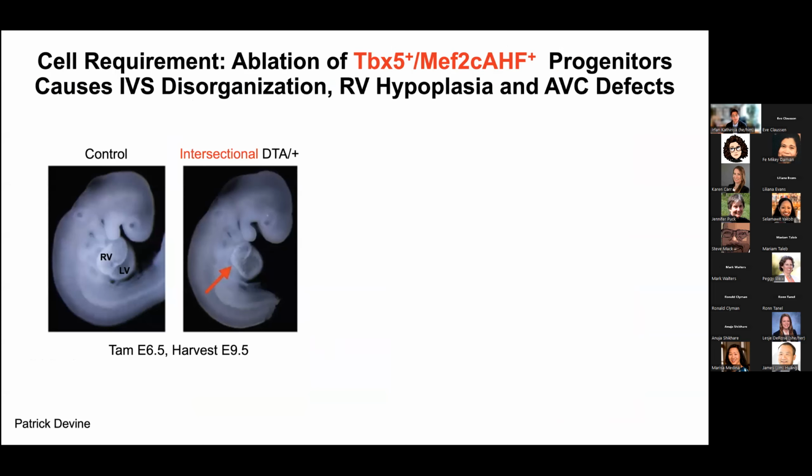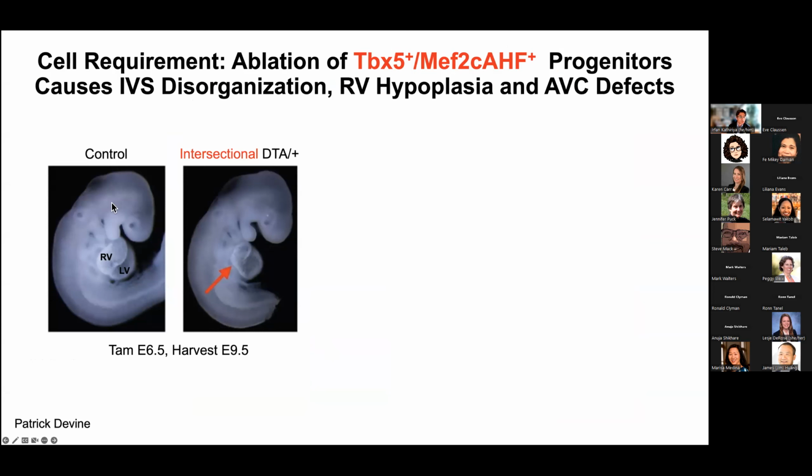Wherever diphtheria toxin is expressed, it will kill the cells. And we used this intersectional reporter. We modified it, so we knocked in the diphtheria toxin into another safe harbor locus, so that we could look at the lineages as well as ablate these cells of interest.